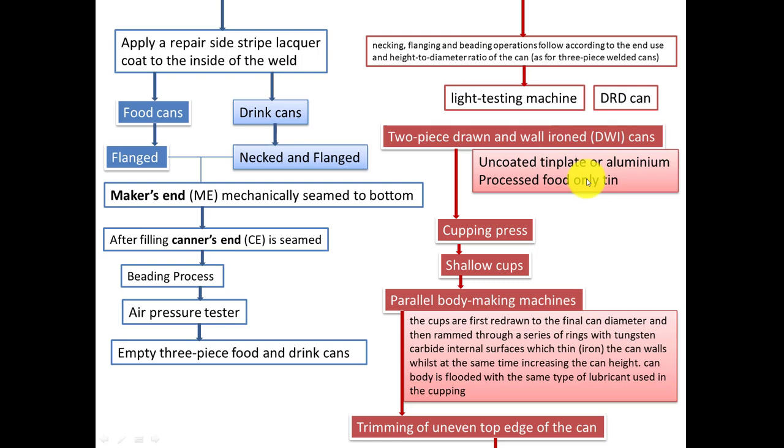So how are these two-piece drawn and wall ironed cans manufactured? First of all, we prepare the cup, the same process as in the DRD. From the cupping press, we obtain shallow cups, and then these shallow cups are fed into a parallel body making machine. In the parallel body making machine, the cups are first redrawn to the final can diameter.